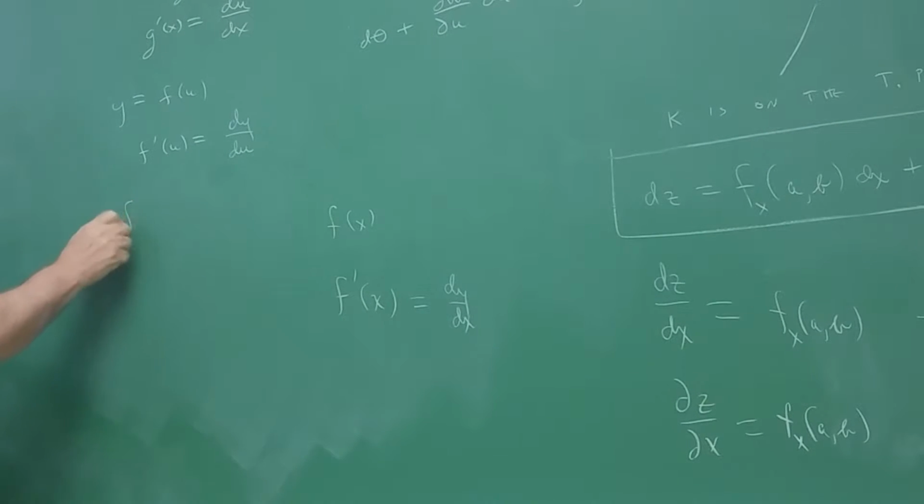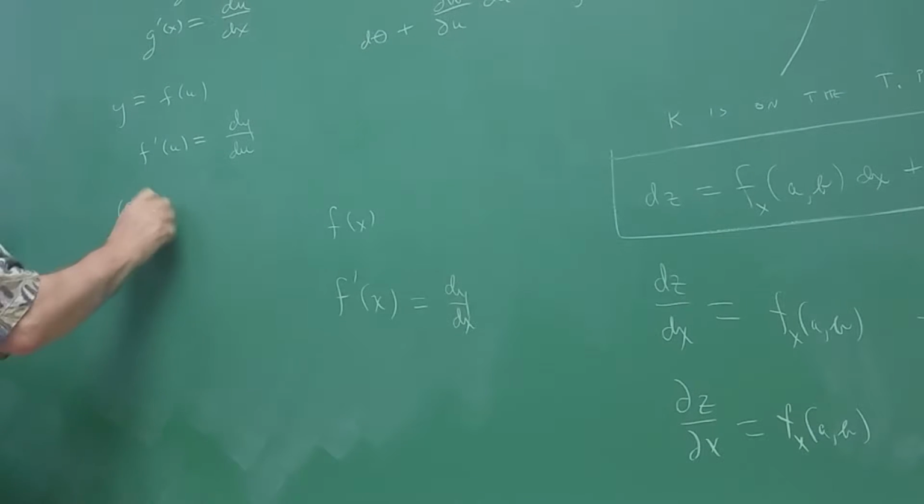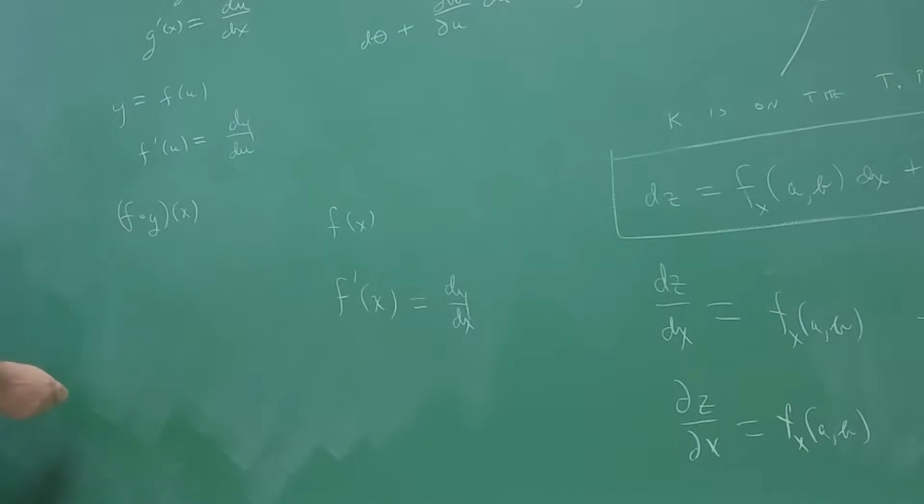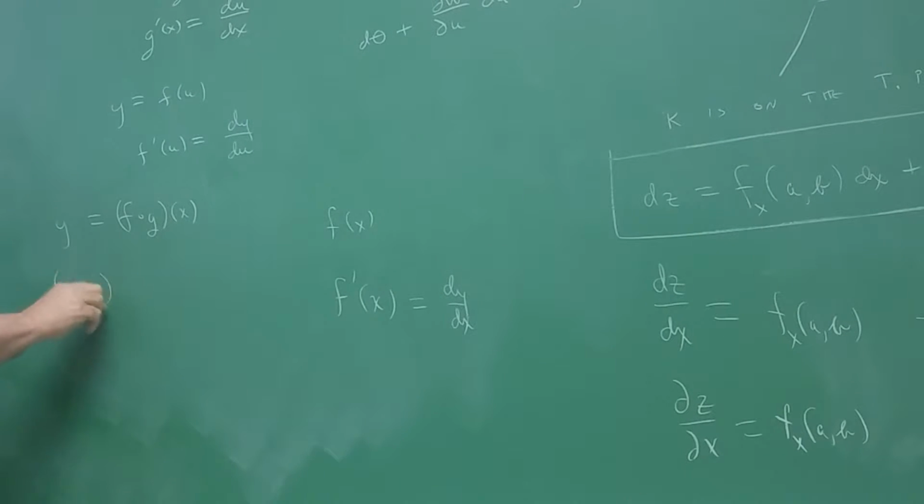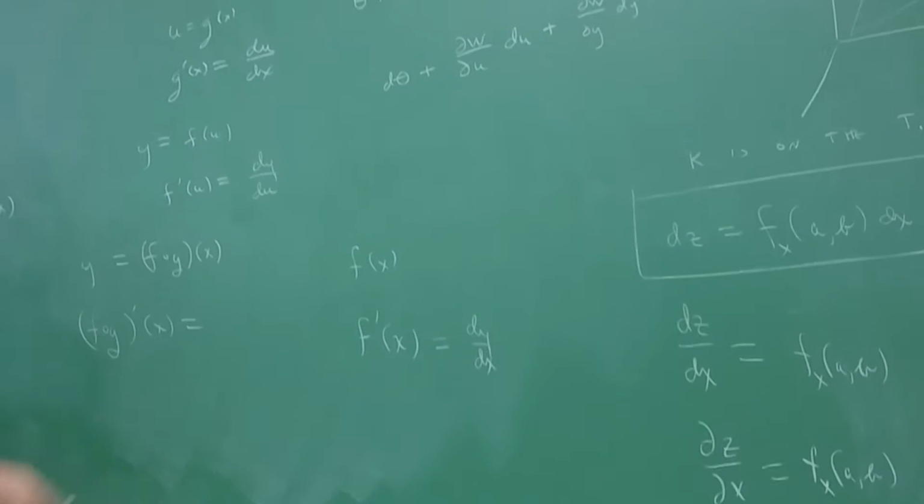And we have f circle g of x. Now, what was that one? f circle g of x is the y. So f circle g prime of x would be what?